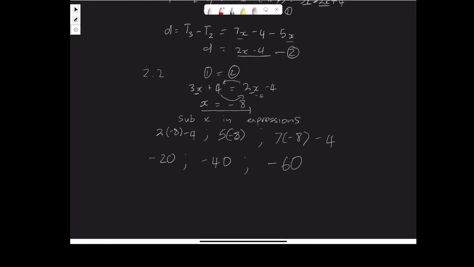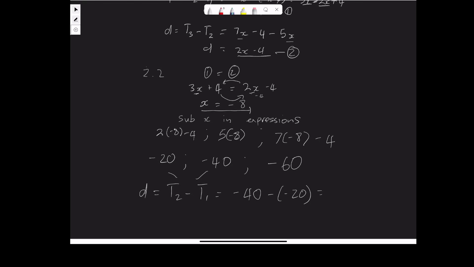But now what I want to do is see, is this really an arithmetic sequence? Okay, so if I took the difference between the first and the second term, all right, so we want to know what's the real value for d. So if I took the difference between the two, minus 40 minus 20, and please remember, d is t2 minus t1, that would be minus 40 minus a negative 20.